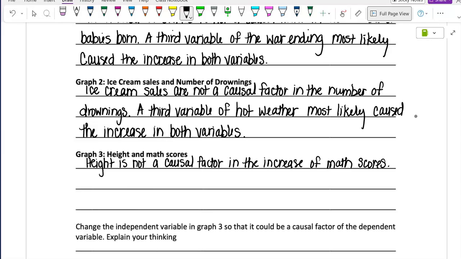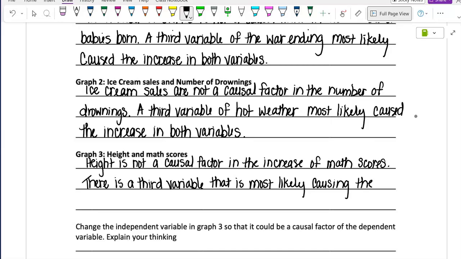Now, the next question is actually going to ask us what we think that variable could be changed to. So here I'm just going to say there is a third variable that is most likely causing the increase in both variables.